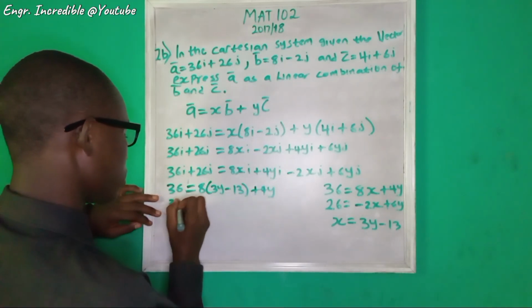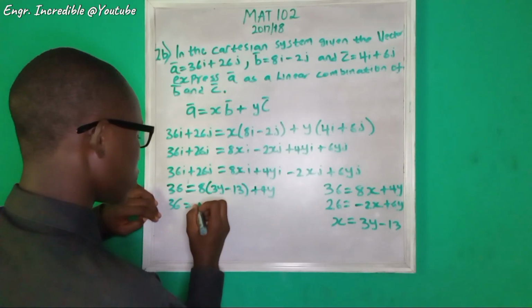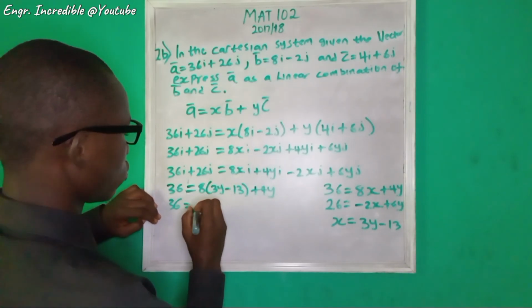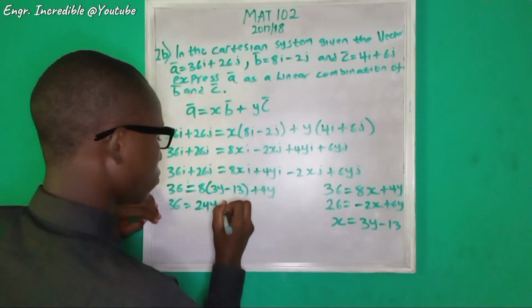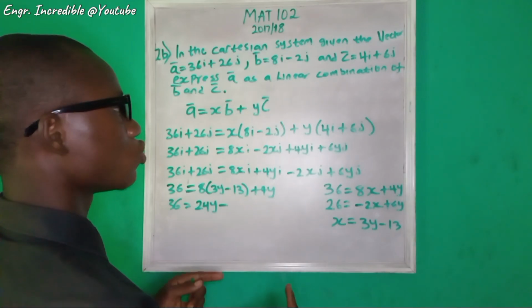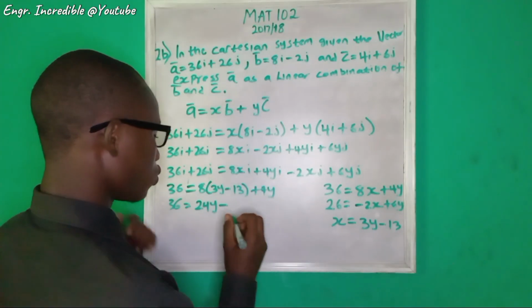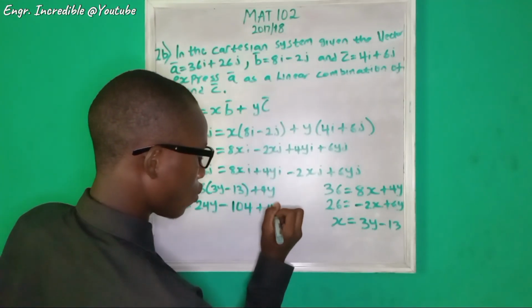So we have 36 equals 8 times 3, which is 24y, minus 8 times 13, that is 104. So we have minus 104, then plus 4y.